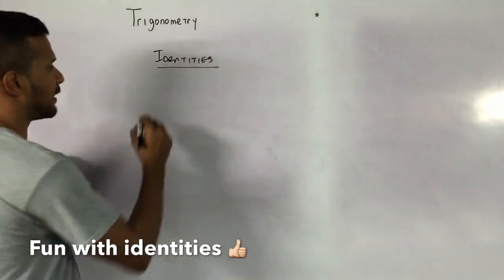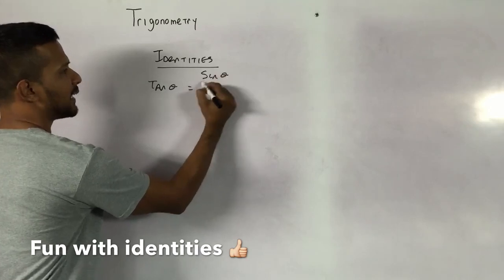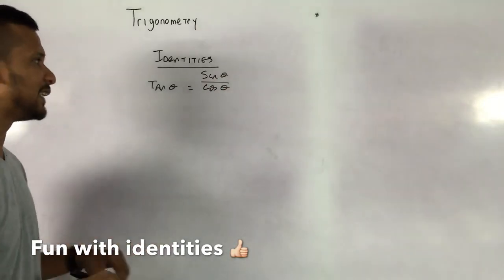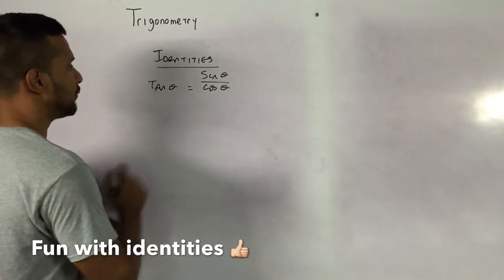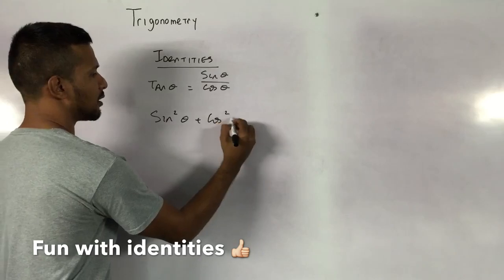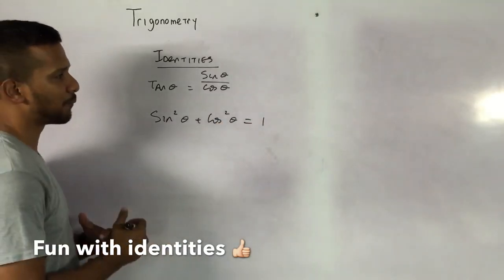Some we know already. We know tan theta is sine theta over cos theta. And the next very popular identity is sine squared theta plus cos squared theta is equal to 1. Right? And we can look at this further.